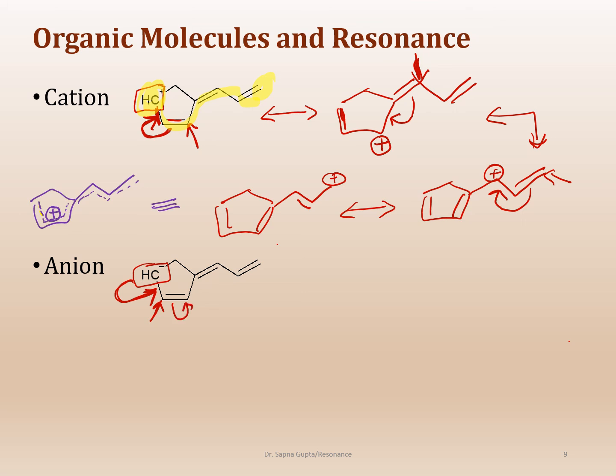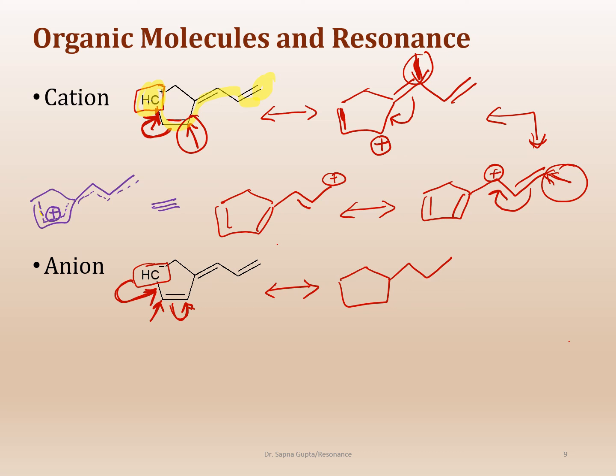You will notice that in the carbocation, I did not have to show how I got the carbocation because it was automatic. All these arrows show you that it was automatic. It happened because I moved electrons away. But in an anion, I actually have to show this movement, to show that this is where the electrons are going.